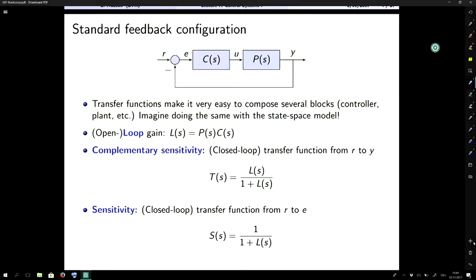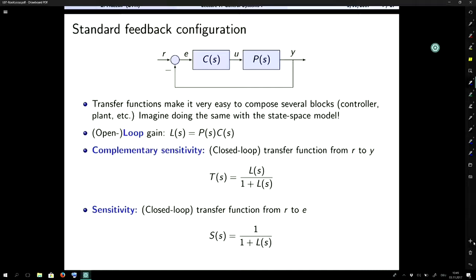If you're thinking about temperature control, your output is temperature, and your reference would be your desired temperature. If your control system is a cruise control in your car, your output is the speed, and your reference will be the desired speed, the speed at which you want to go. So this transfer function from the reference to the error is called the sensitivity function.